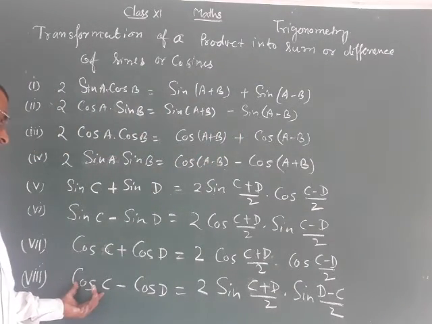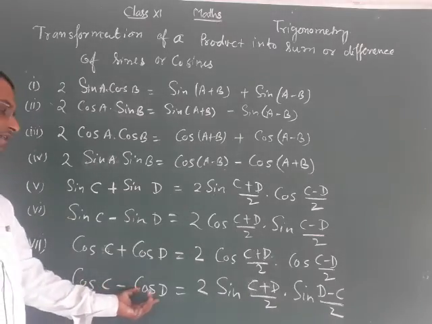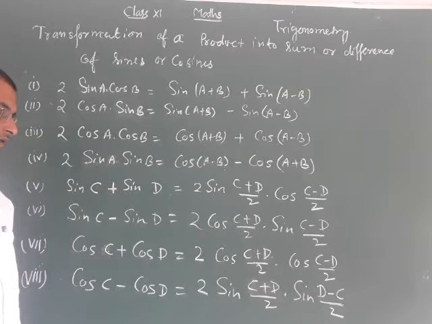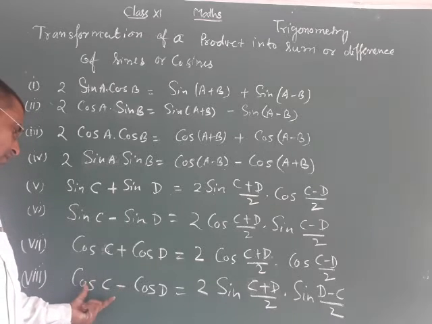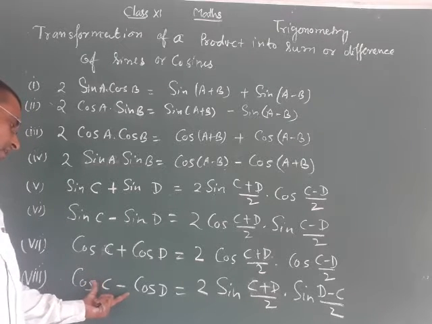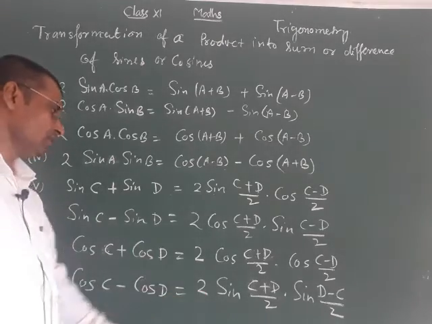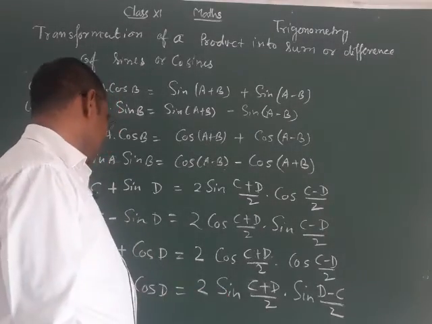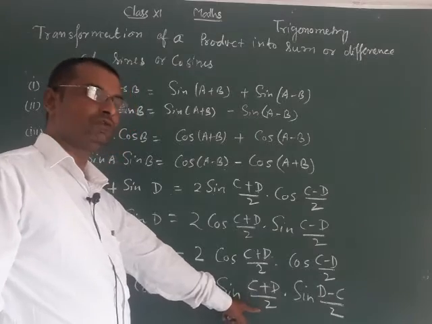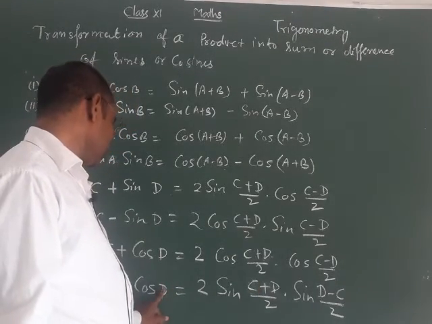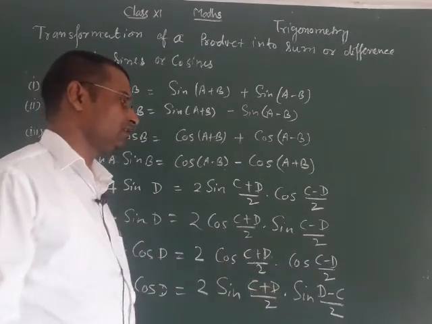And also cos C minus cos D, difference of cosine angles, is equal to 2 sin((C plus D) upon 2) into sin((D minus C) upon 2).